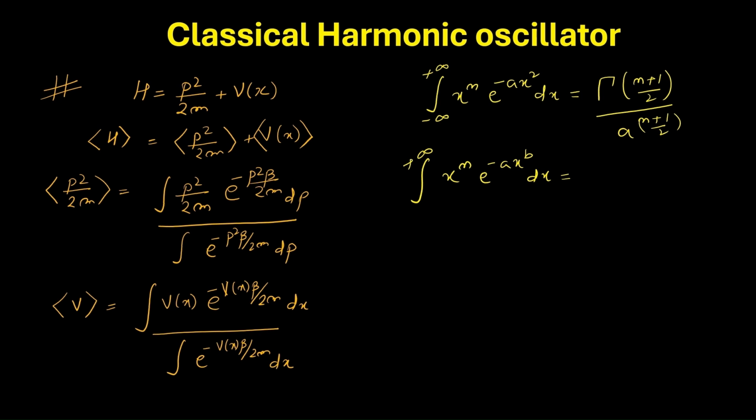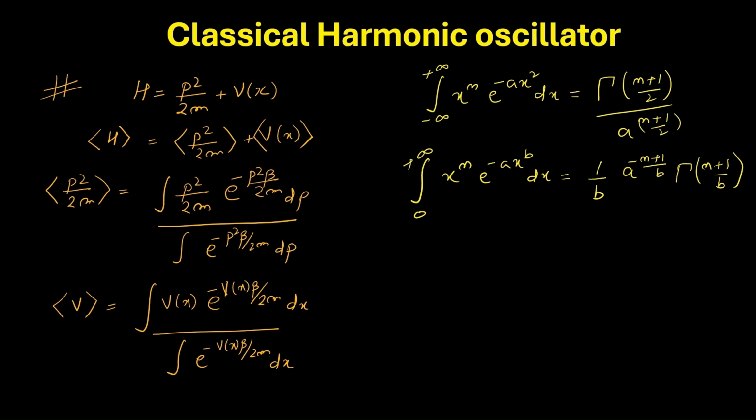So this is given by 1 by b, a to the power minus (n plus 1) by b, into gamma of (n plus 1) by b. So this is a more generalized formula.